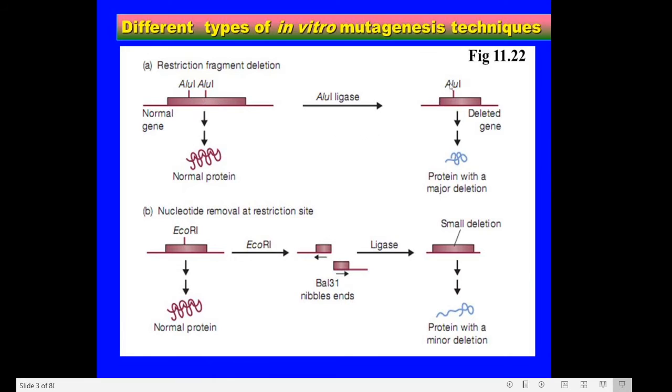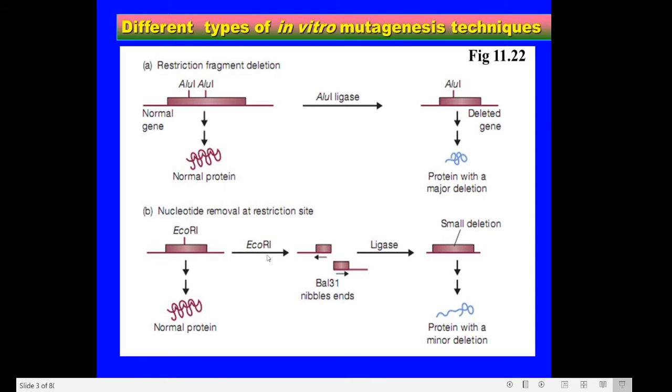They are mutated, so there is only one ALU restriction site at the restriction fragment, the particular portion. So after that mutation, a modified protein was detected in the sample.